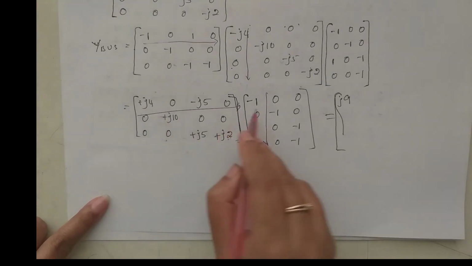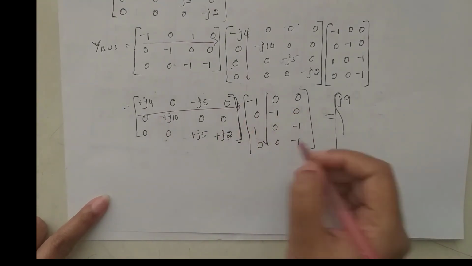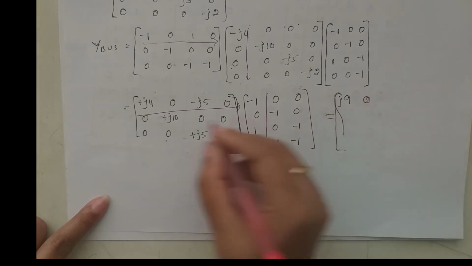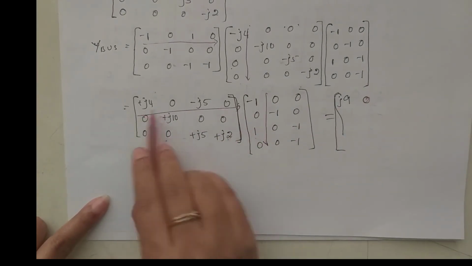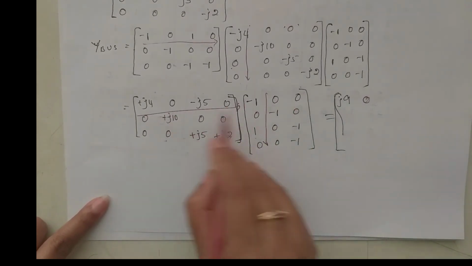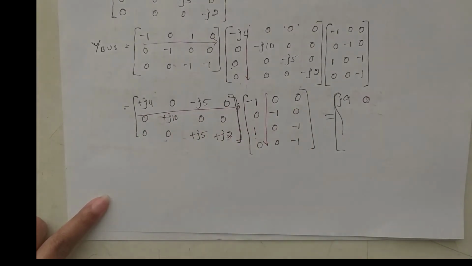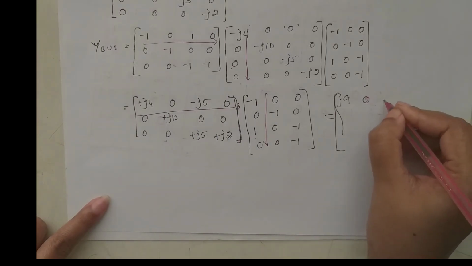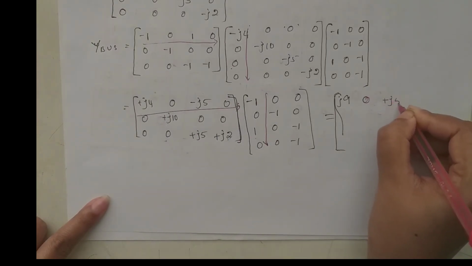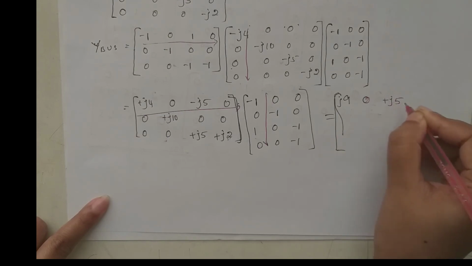Next, first row with the second column it is 0. First row with the third column: j4 into 0 is 0, minus j5 into minus 1 is plus j5, and other elements are 0, so it would be plus j5 only.